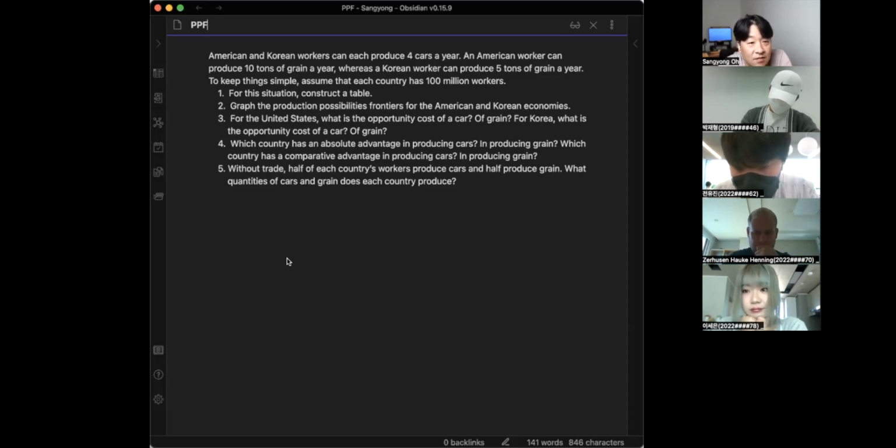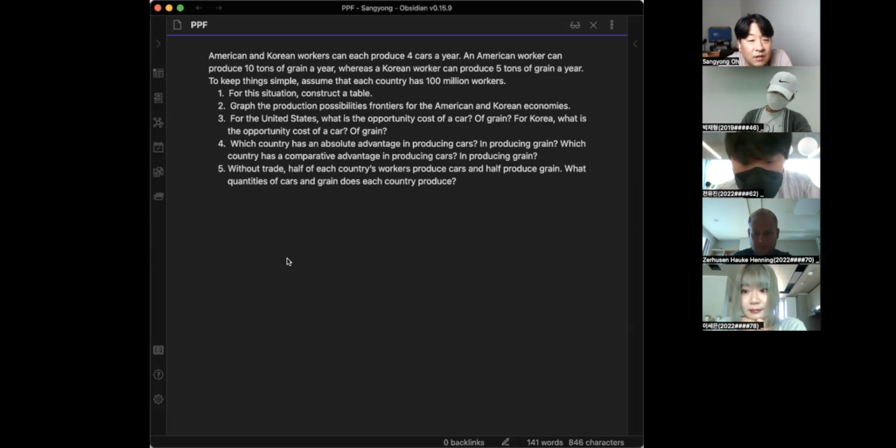But for grain, obviously we know the US has an absolute advantage. Sometimes absolute advantage can belong to one country for both goods. That's what I brought up in the lecture this week.